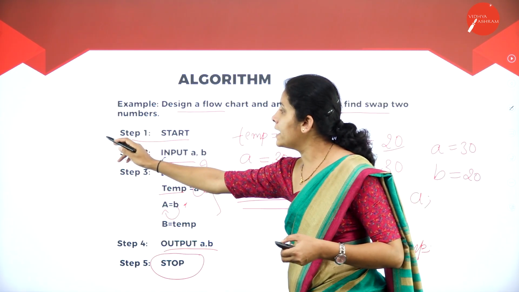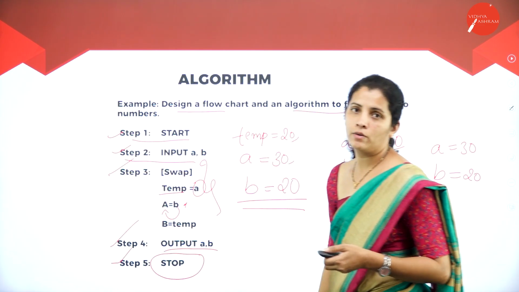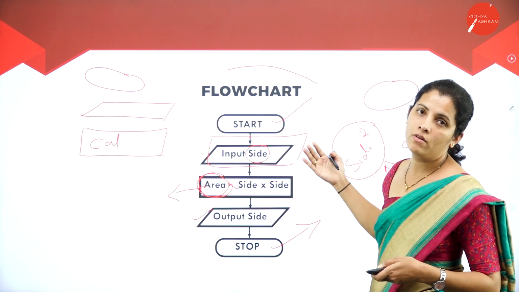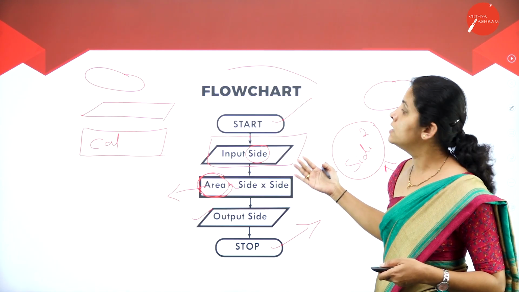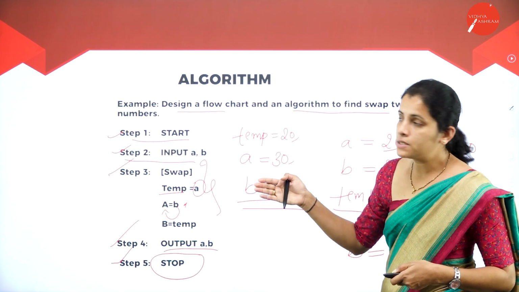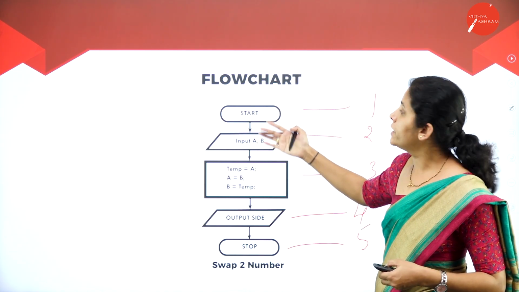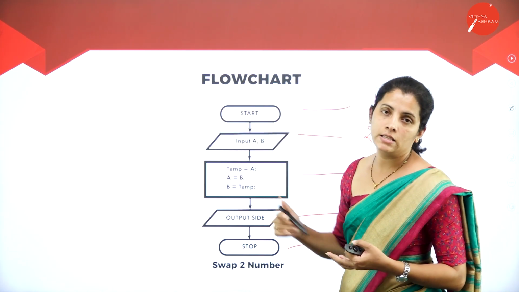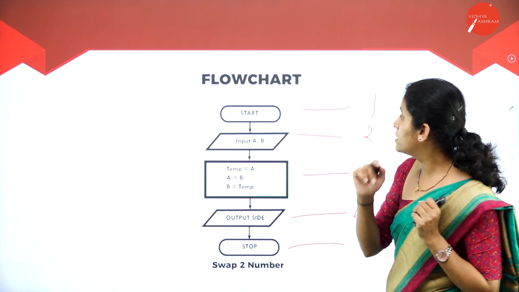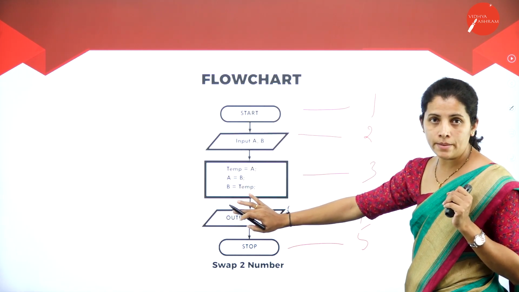How many steps do I have? 1, 2, 3, 4 and 5. If I have 5 steps, then I have 5 symbols. If I have 6 steps, then I'm going to have 6 symbols. But according to this example, I have only 5 steps. For that reason, I have only 5 symbols.